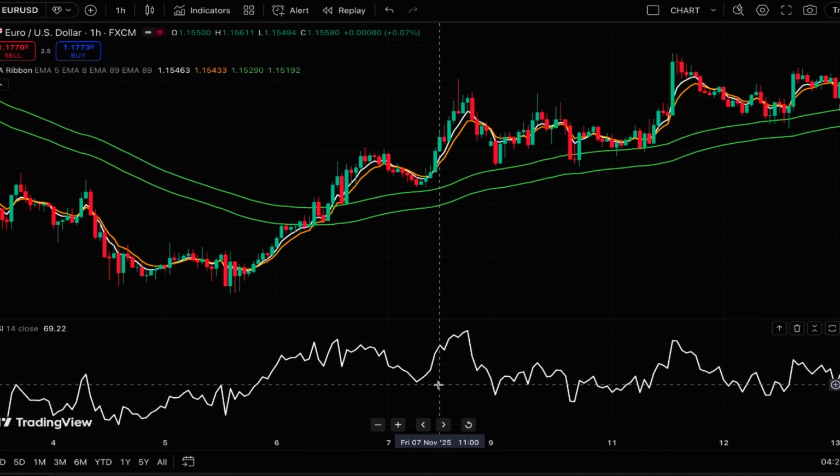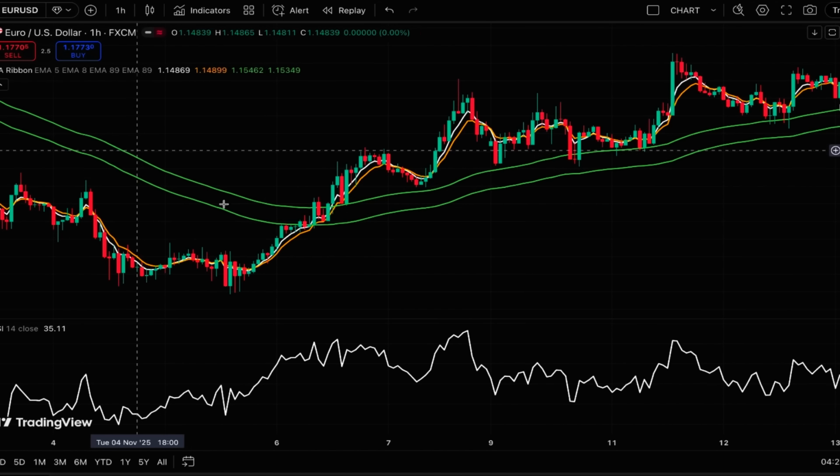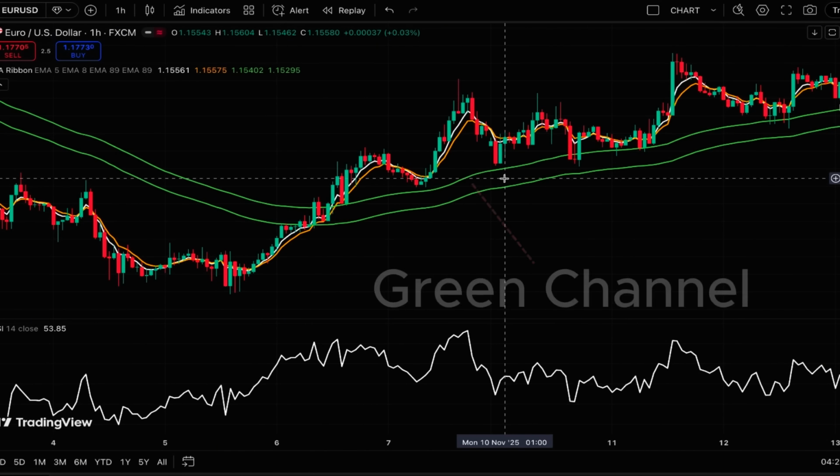If you remember, these green lines here are EMA with length of 89, which one of them is based on high and the other one is based on low. You can see that they have created a channel on the price chart. From now we call it green channel. So we're going to use this green channel for early signals that give the probability of reversal.